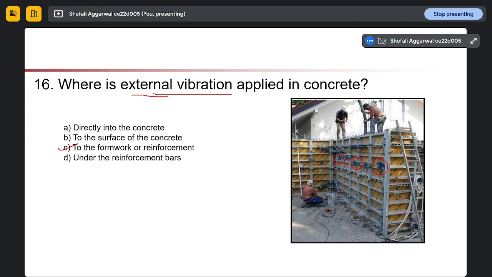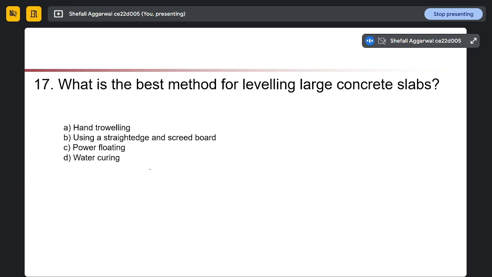The second thing is increasing the fineness or decreasing the fineness. The answer is increasing the fineness. So if we increase the fineness or increase the C3S content, we can convert our cement from type 1 to type 3 cement.